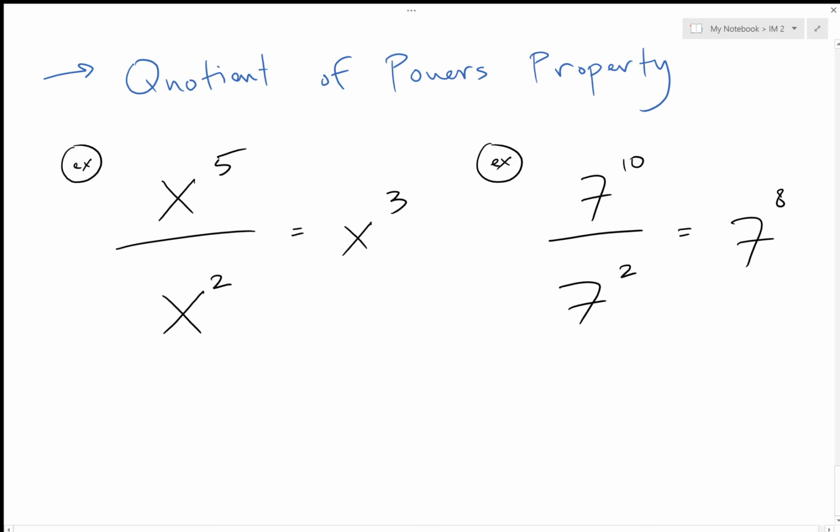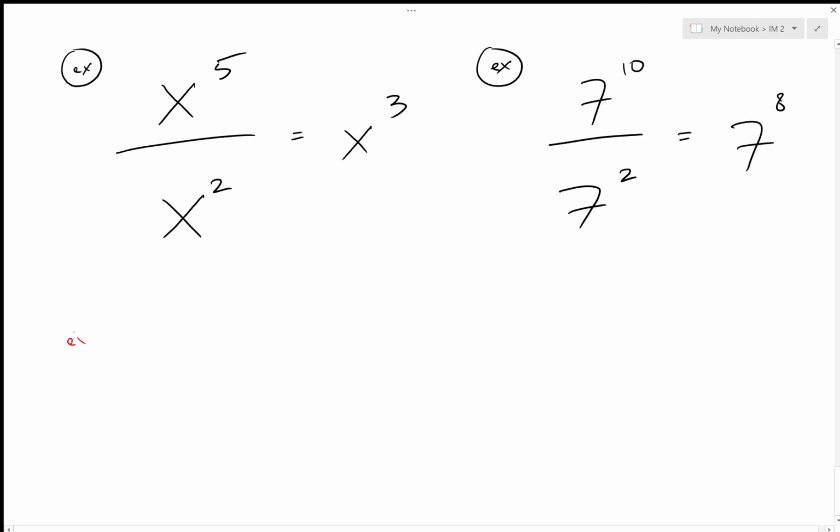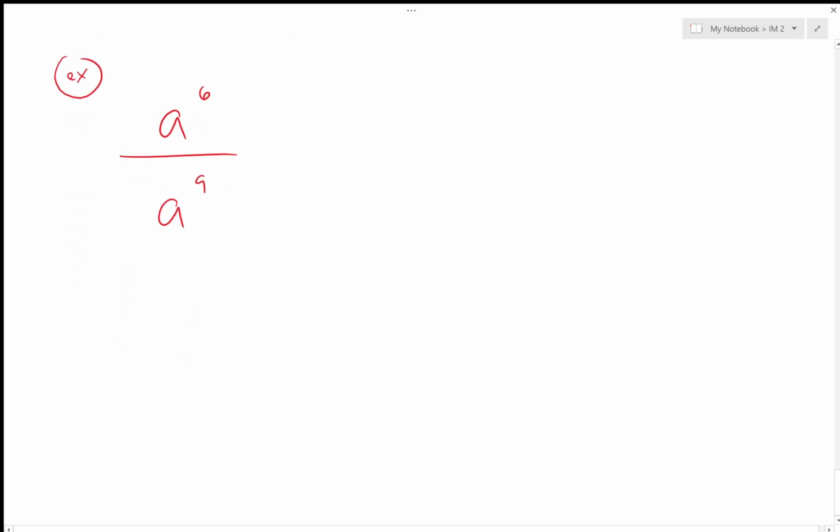Now what gets a little bit funky is when we run into something like this. a to the 6 over a to the 9. We still have to follow the same rules. It has the same base of a, but we subtract top to bottom. 6 minus 9 actually comes out to a negative 3. The problem is we don't want negative exponents. Okay, so unfortunately we don't want to write our answer with negatives.